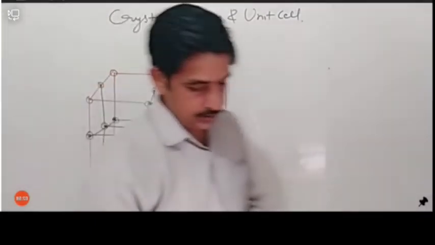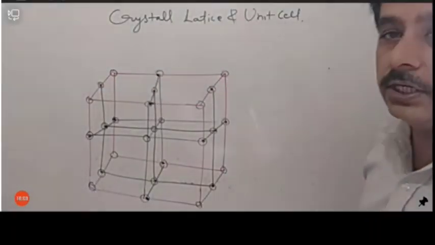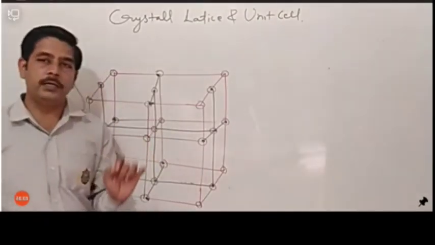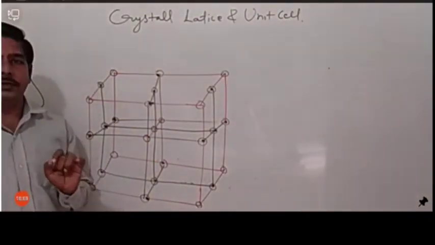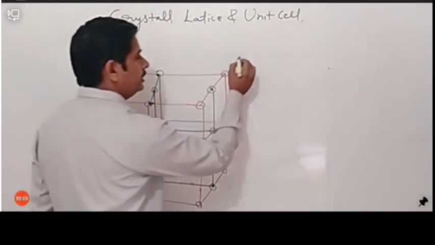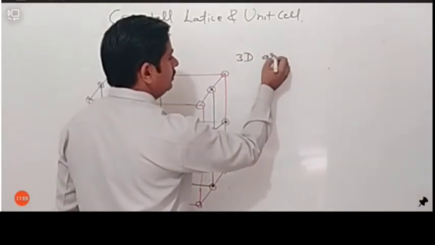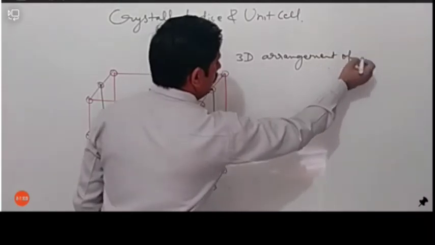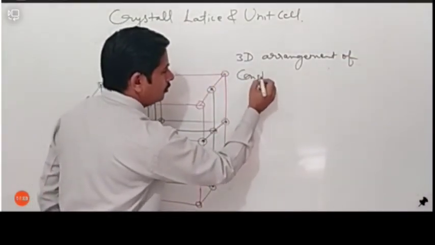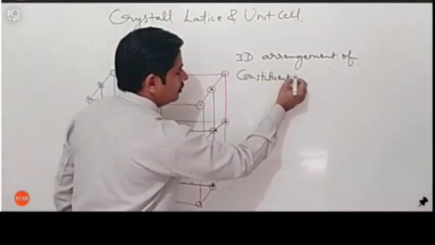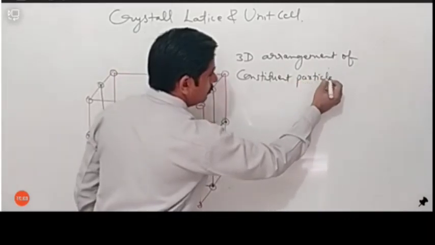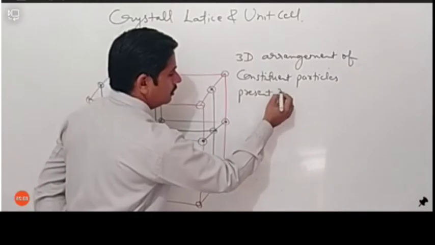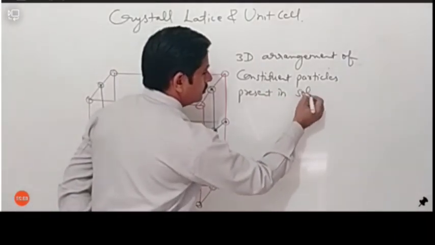What is crystal lattice? Actually, crystal lattice is the 3D arrangement of constituent particles in a solid. It is a three-dimensional arrangement of constituent particles present in a crystalline solid.